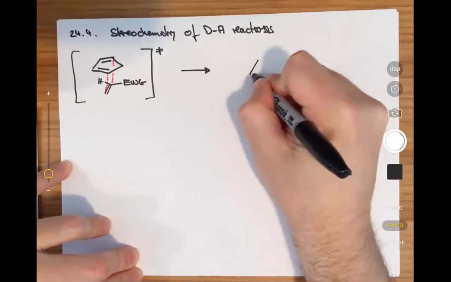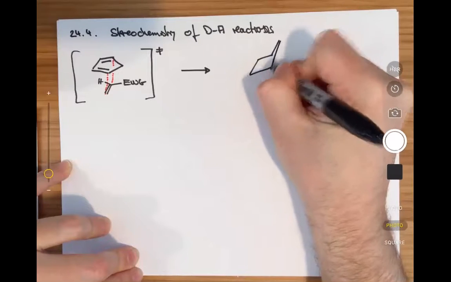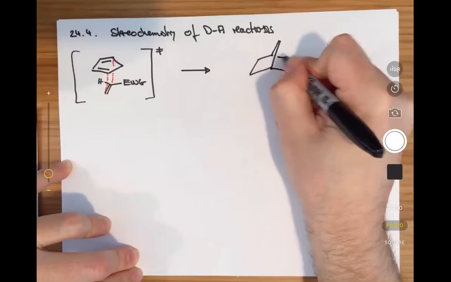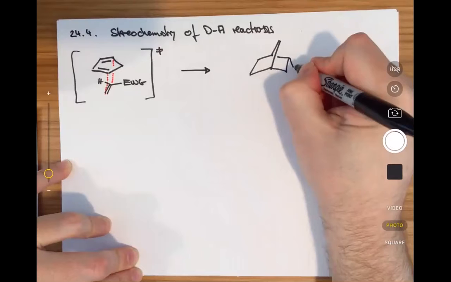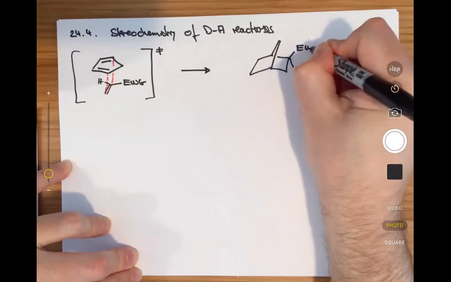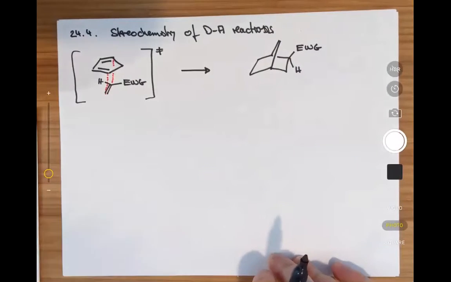So draw this out like this, and then the hydrogen points downwards, and the electron withdrawing group here points upwards. We call this usually exo.